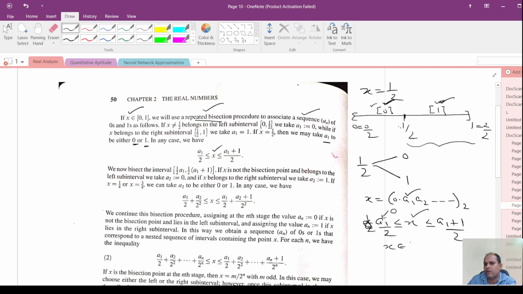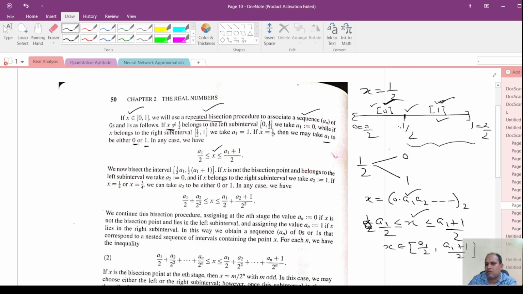I can write that x belongs to [a1 by 2, (a1 plus 1) by 2]. And if x is not sharing the common point, if x is not equal to half, then it will belong completely to the left half or the right half, and those cases I have already discussed earlier. If it belongs completely to the left half, then we will allot the first digit as 0, and if it is on the right half, we will allot it as 1.